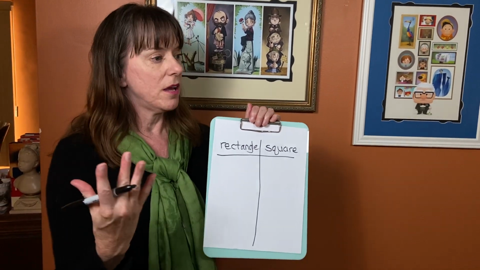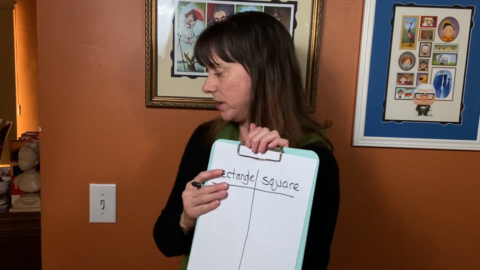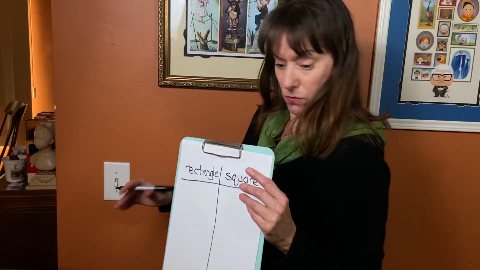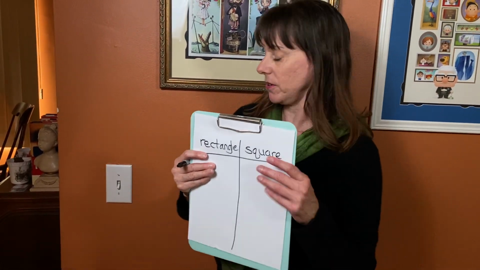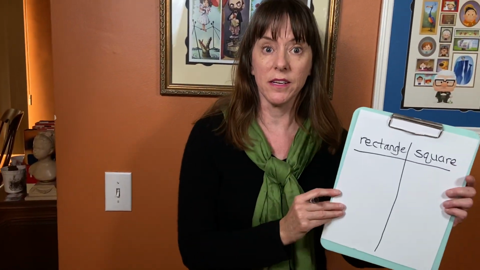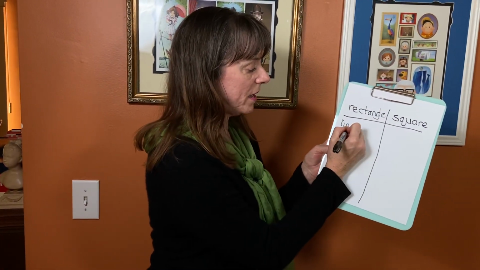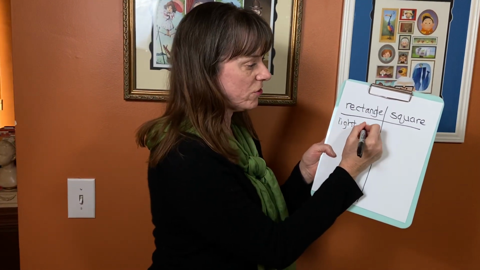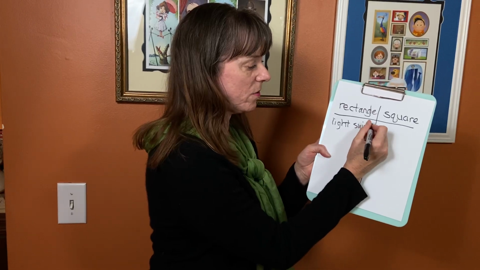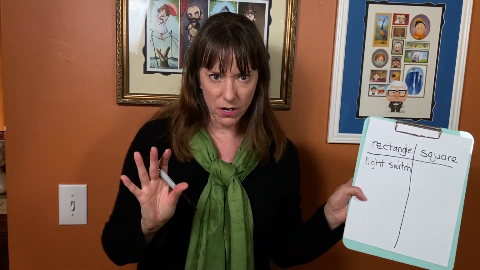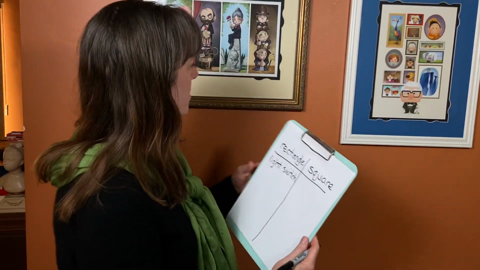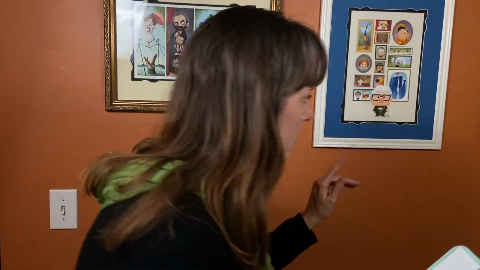So for example, in my house, I'm looking around, I'm like, oh, oops, I'll pick that up later. This light switch is a rectangle. So I would say my light switch is a quadrilateral. Squares are harder to find. So I see, oh, I also have some pictures here, but look at this.